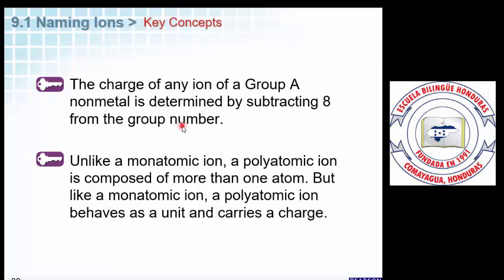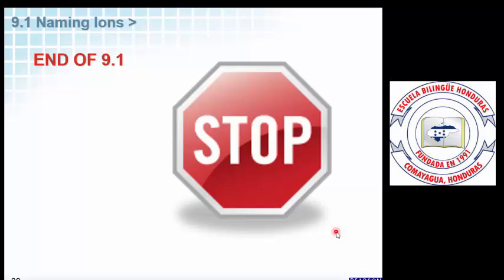Another key question, the charge of any ion of a group 8 non-metal is determined by subtracting 8, remember that number, 8, from the group number. Another key question, unlike a monatomic ion, a polyatomic ion is composed of more than one atom. But like a monatomic ion, a polyatomic ion behaves as a unit and carries a charge.